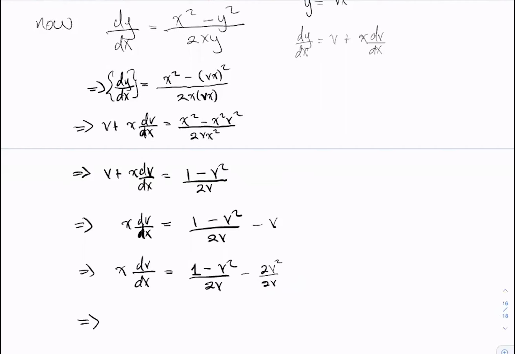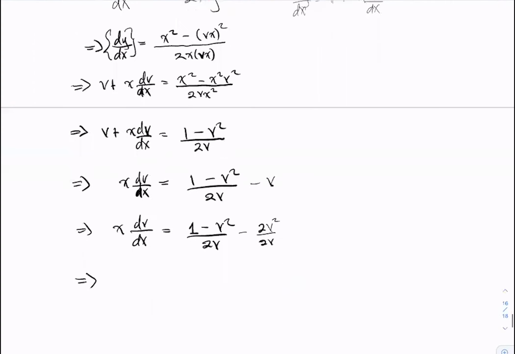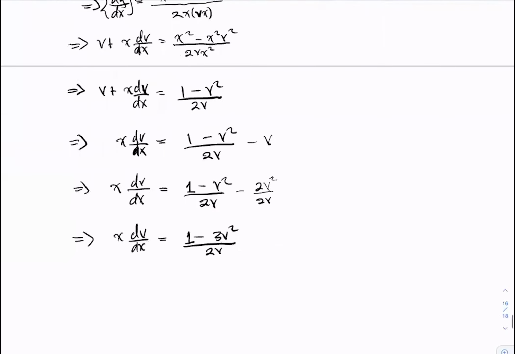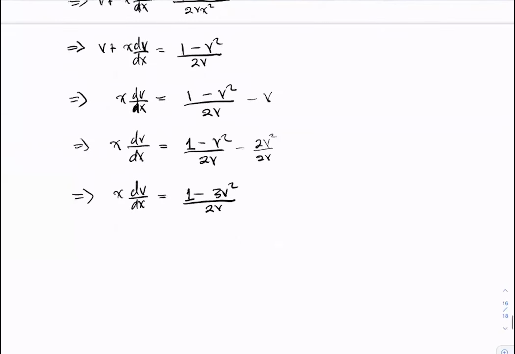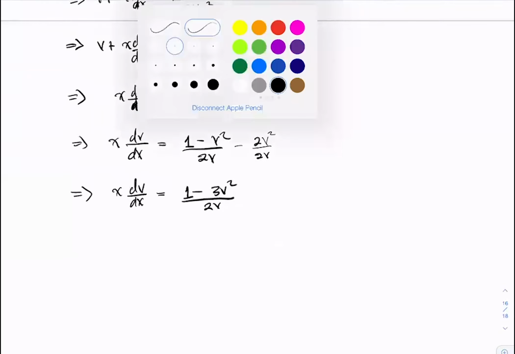So what does this mean, guys? This then means that we now have x dv dx equals 1 minus 3v squared divided by 2v, which we can still simplify. Well, now we're going to try to put all the v's on one side and all the x's on one side.